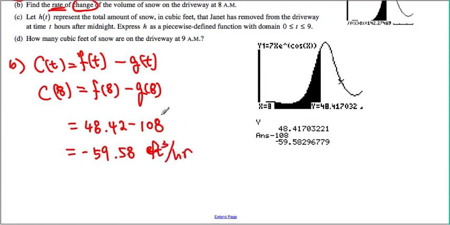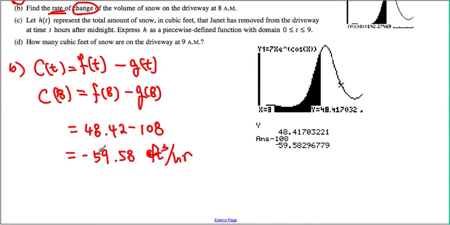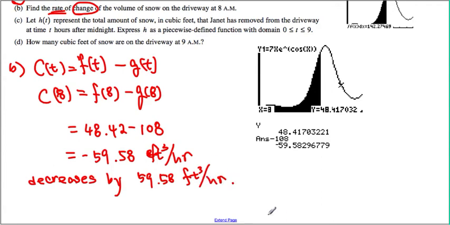Now, rate of change being negative basically means snow is being removed, it decreases by 59.58 cubic feet per hour. That's what's happening in terms of total amount of snow.